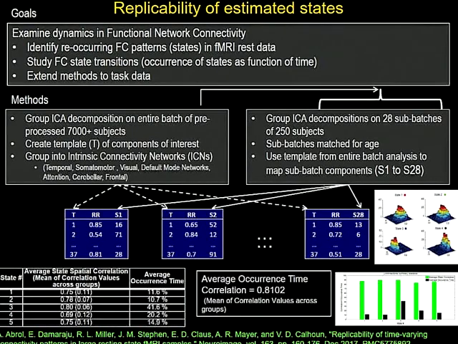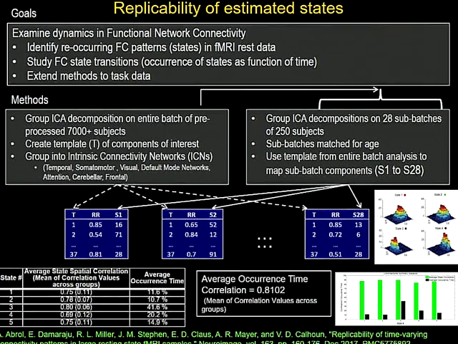So in terms of validation, there are a number of ways you can try to get at that, none of which is perfect, but which help us understand whether we can trust these things. Replicability is the most basic thing we want to see. Here we have an analysis that was done on about 7,000 subjects split into 28 different groups of 250 subjects each. We ran our pipeline on all of those independently of one another.